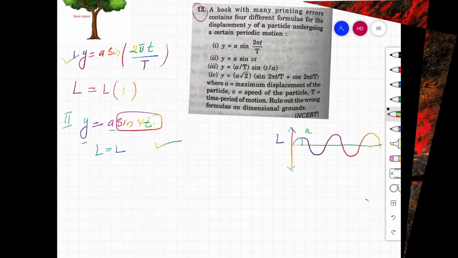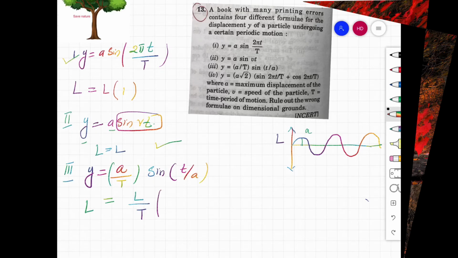Next, let me write the third relation, that is y equal to a divided by t times sine of t divided by a. So here the dimension of y will be L and the dimension of a will be that of amplitude, which is L, and the dimension of t will be t itself.